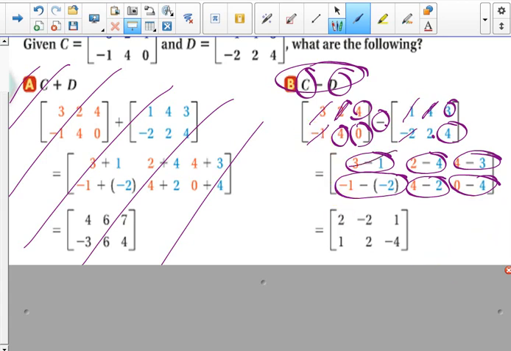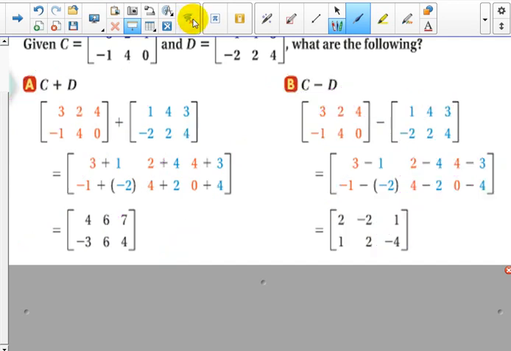So 3 minus 1 is 2, 2 minus 4 is negative 2, 4 minus 3 is 1, minus and minus goes to plus, so negative 1 plus 2 is 1, 4 minus 2 is 2, and 0 minus 4 is negative 4. And this final matrix is your answer.